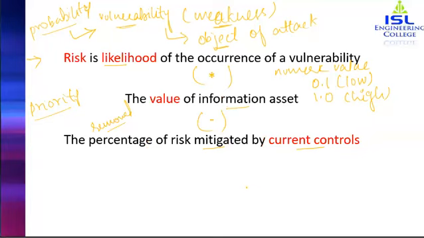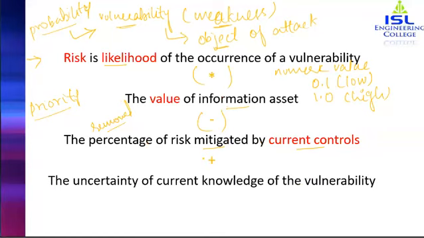So with this, you identify the different controls that are minimizing the risk. Then you're going to add the uncertainty of current knowledge of the vulnerability. That is, how much doubt you have, how much you are not sure about that particular information, because you do not have some correct information.